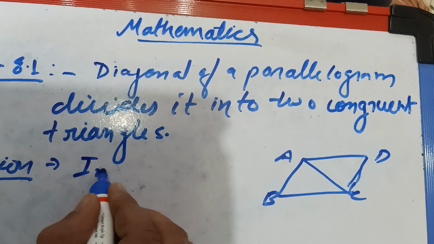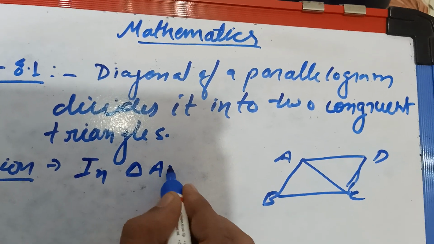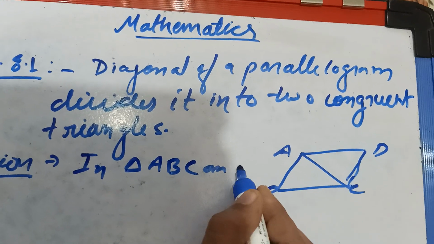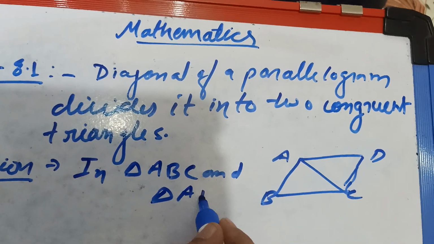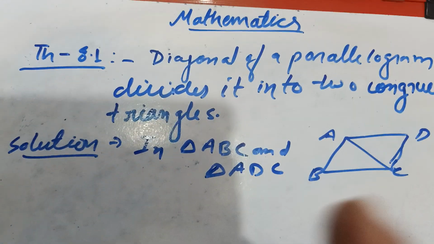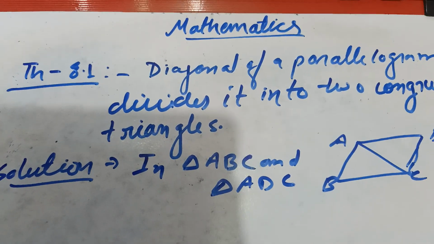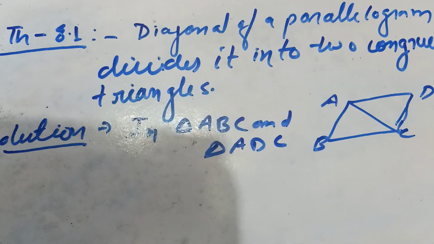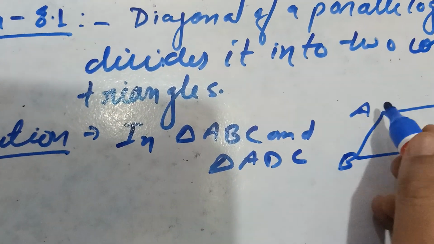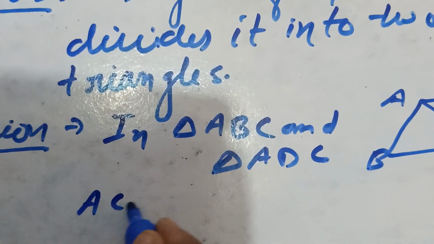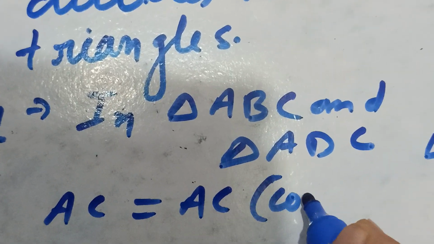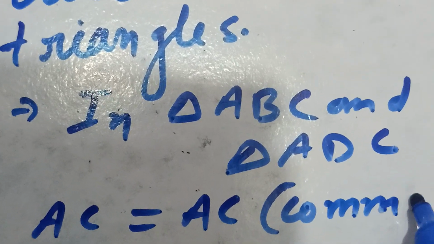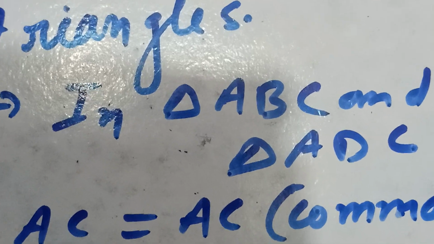So we will take triangle ABC and triangle ADC. My dear students, we have to show that these both triangles are congruent. In these triangles, it's very easy to see that AC is the common side for both triangles.